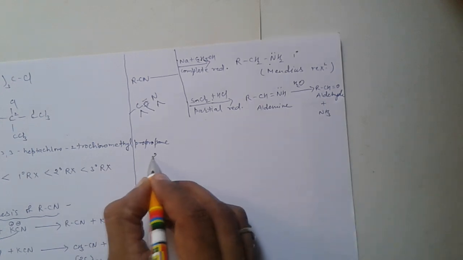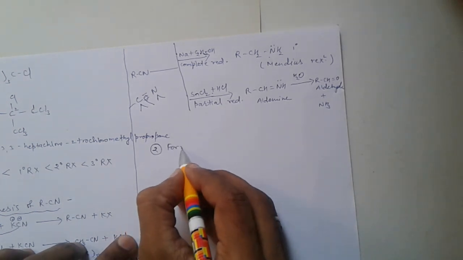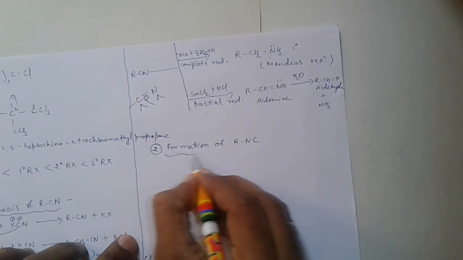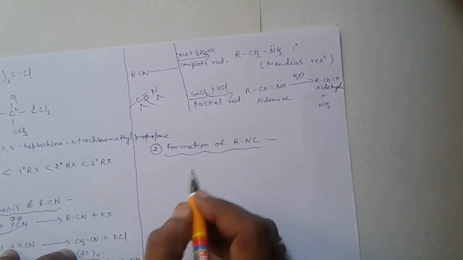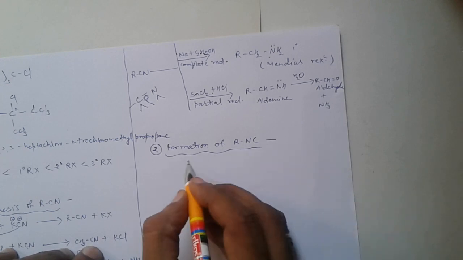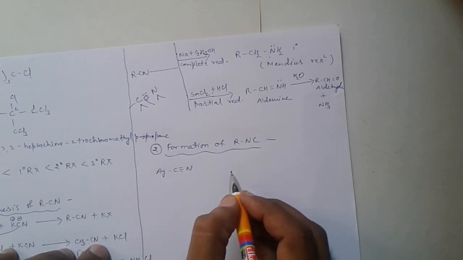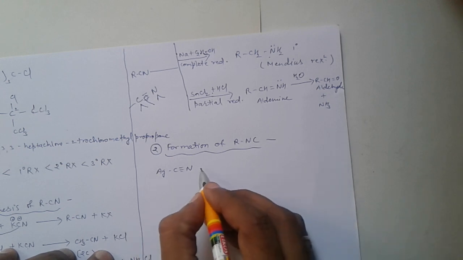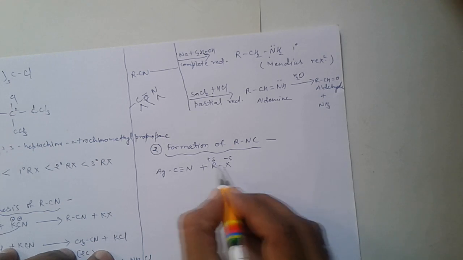Now next, example of nucleophilic substitution reaction, formation of alkyl isocyanide. When alkyl halide reacts with AgCN, then alkyl isocyanide is formed. So it is silver cyanide, which is covalent in nature, and it is a haloalkane molecule.